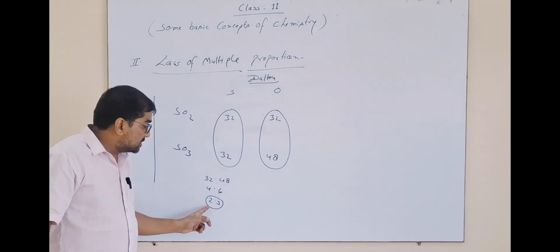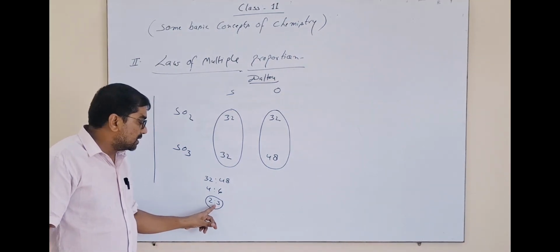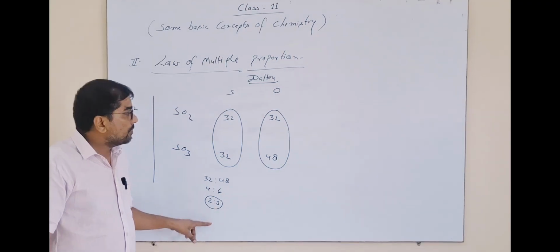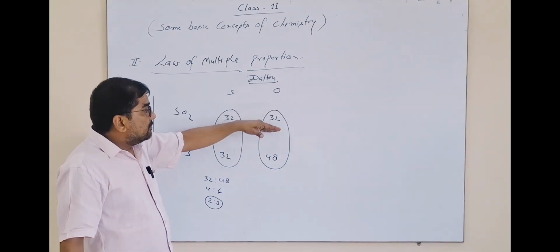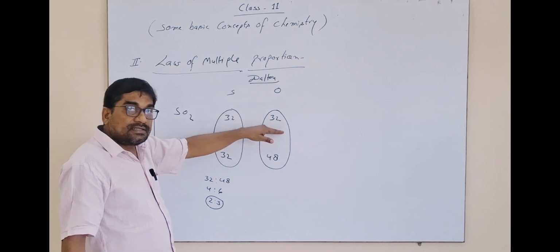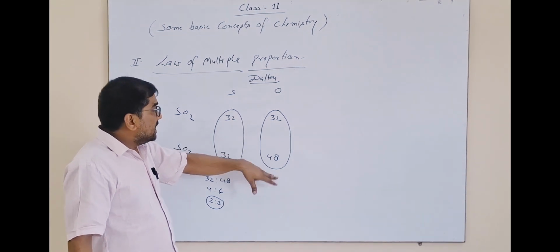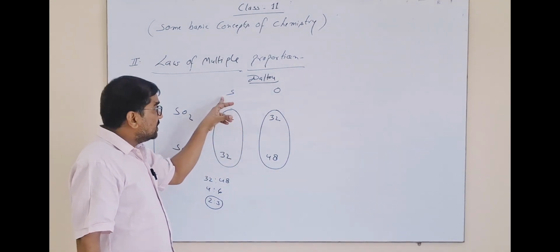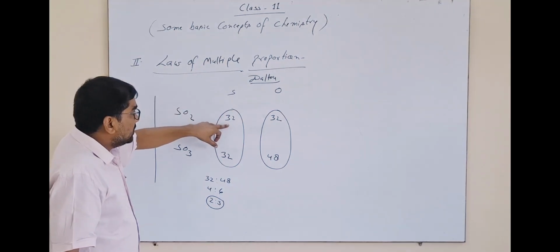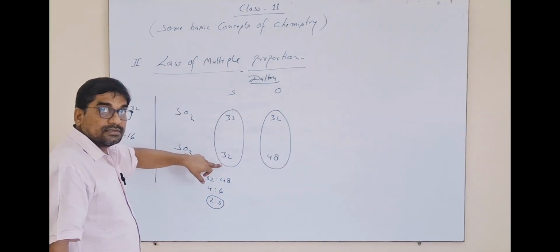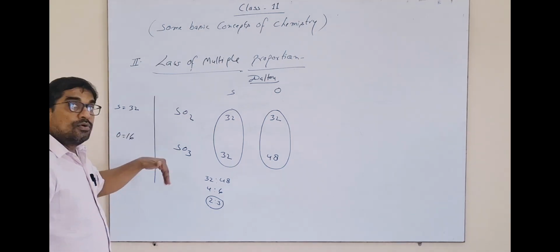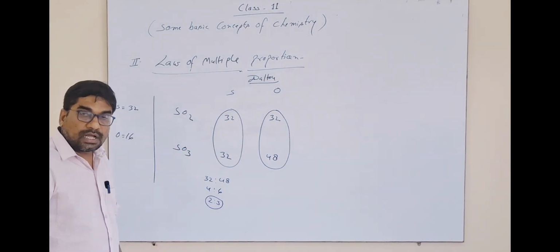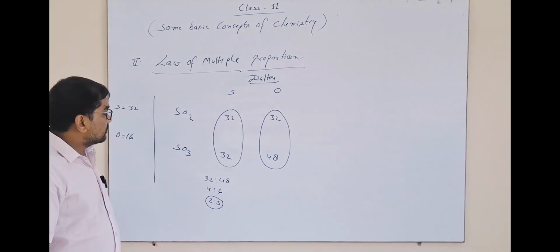There will be a simple whole number ratio by mass when an element with variable masses reacts with another element with fixed masses, resulting in two or more than two compounds or products.